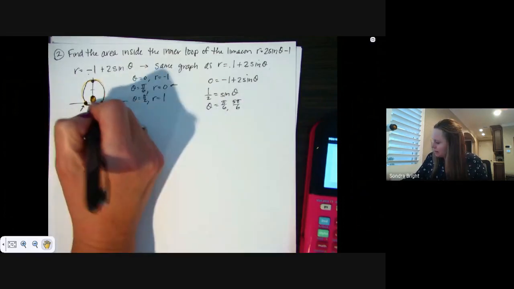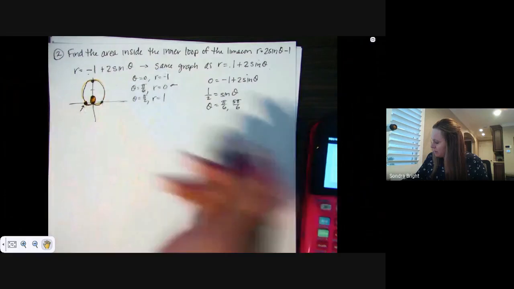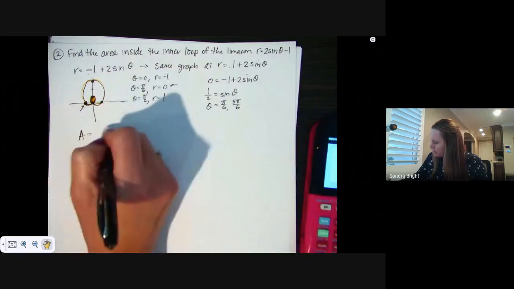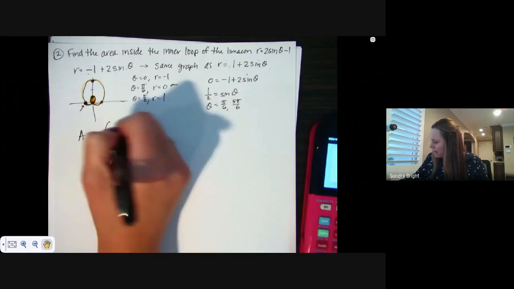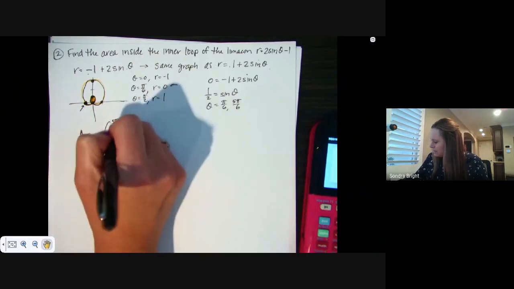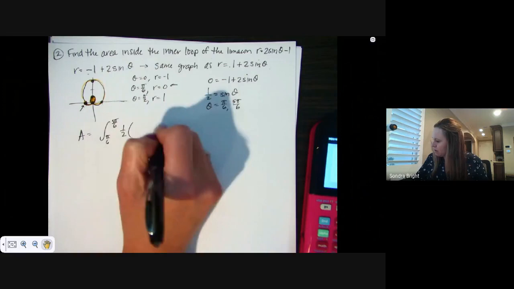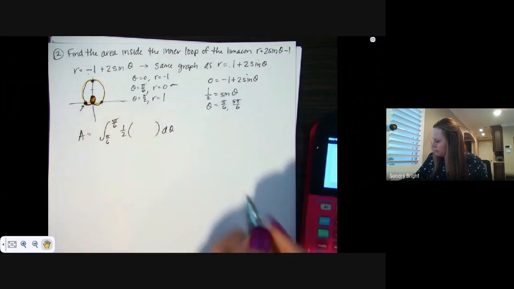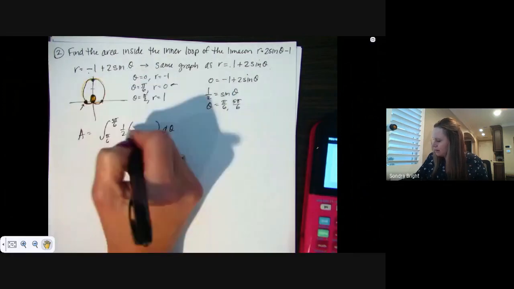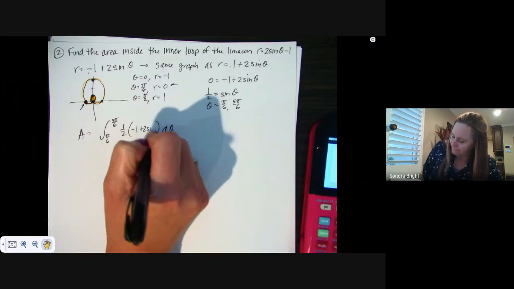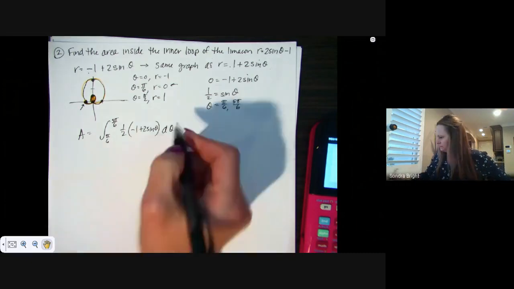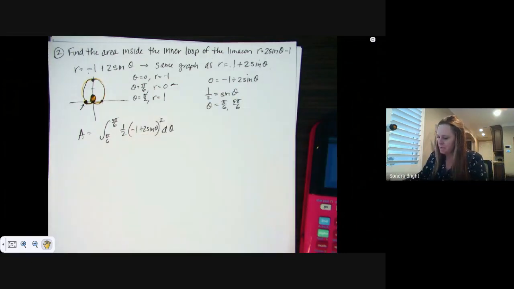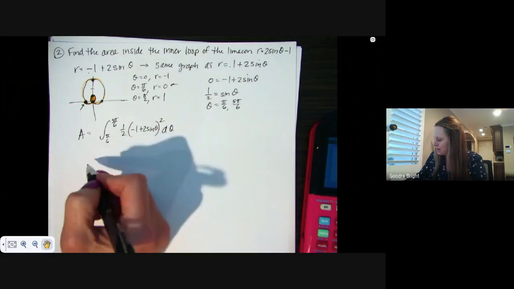All right, so your area is the integral from pi over 6 to 5 pi over 6 of 1/2 r squared d theta. And this time your r is -1 plus 2 sine of theta. Oh, I forgot to square it. Square it. Don't forget to square. Okay. I'm just going to pull this 1/2 out front.